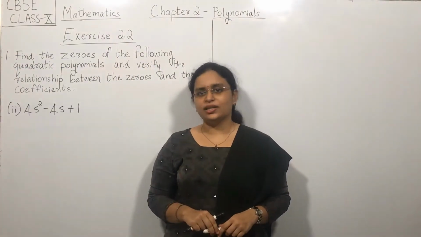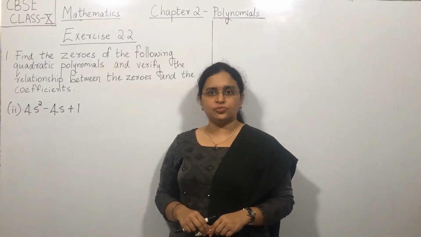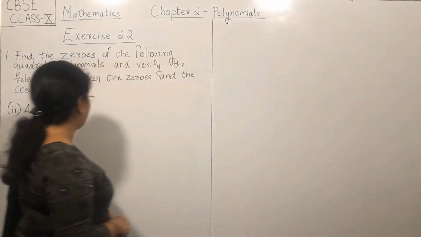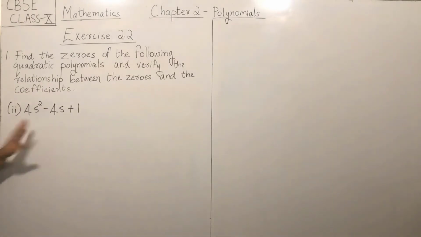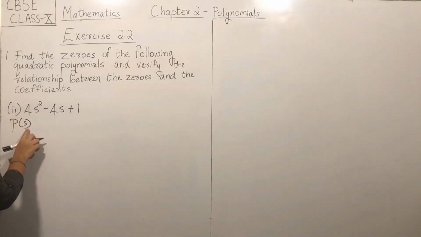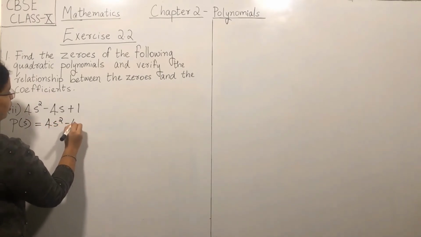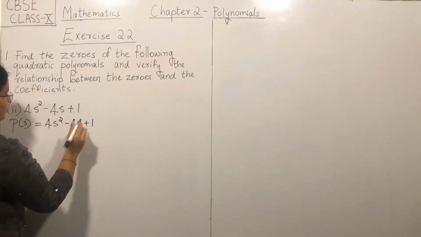We can move to the second question, that is 4s square minus 4s plus 1. Okay. You can write P of s here, not P of x, it's P of s equal 4s square minus 4s plus 1.